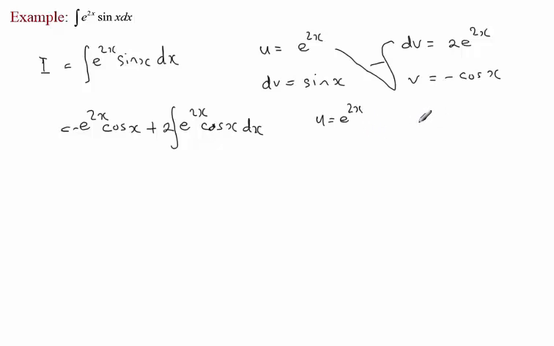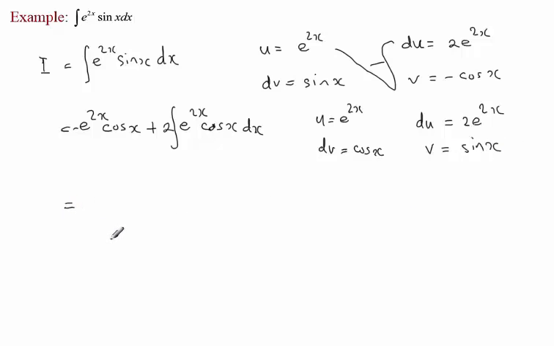So here I'm going to have du. This is du, 2e to the 2x. dv in this case is cosine, because cosine is the derivative of sine.